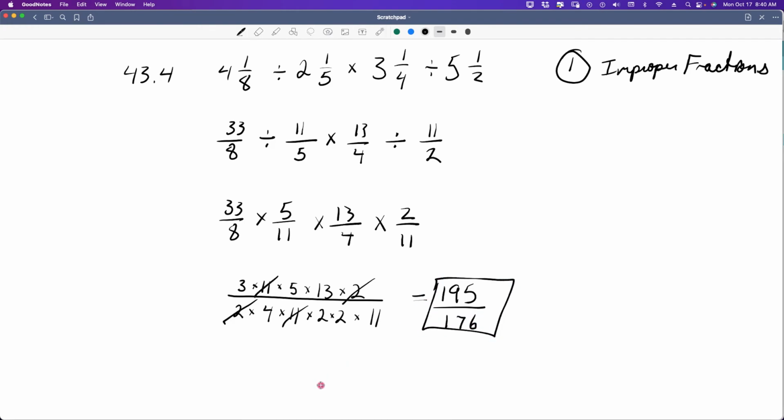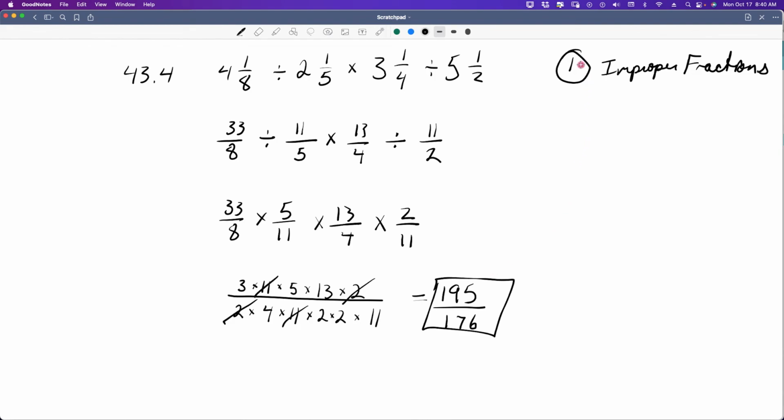And I know it's right. So you see, you don't want to leave it here and have to multiply it and get these big, huge numbers. Reducing it on the front end saves your brain, right? It saves your brain. And that's all we have for lesson 43.